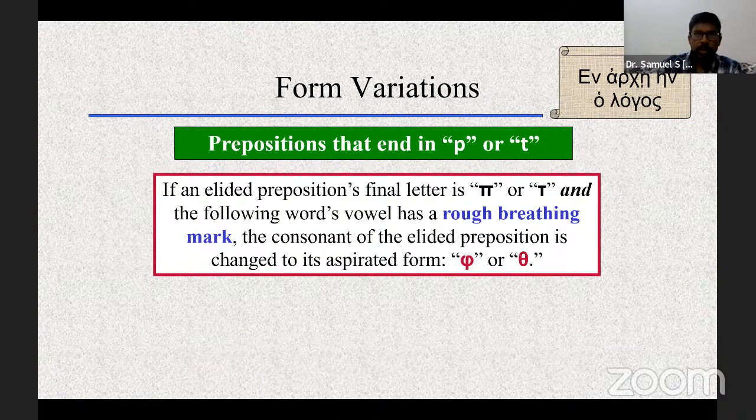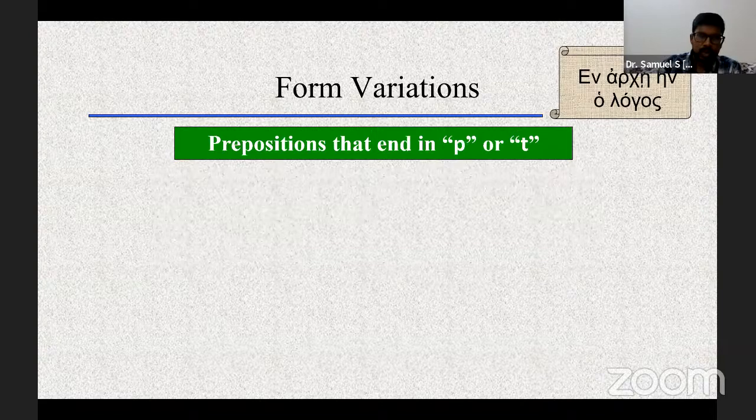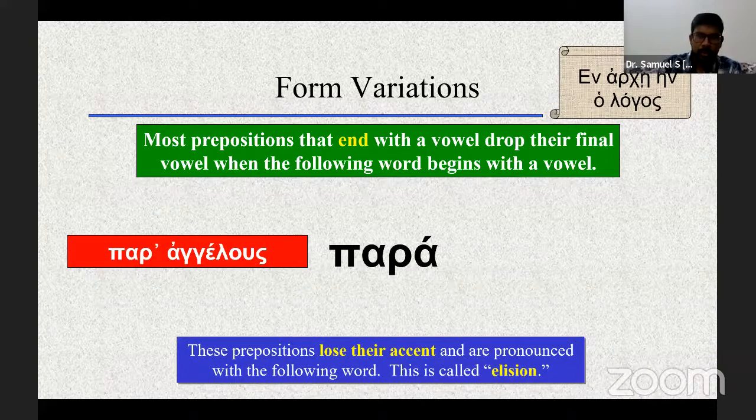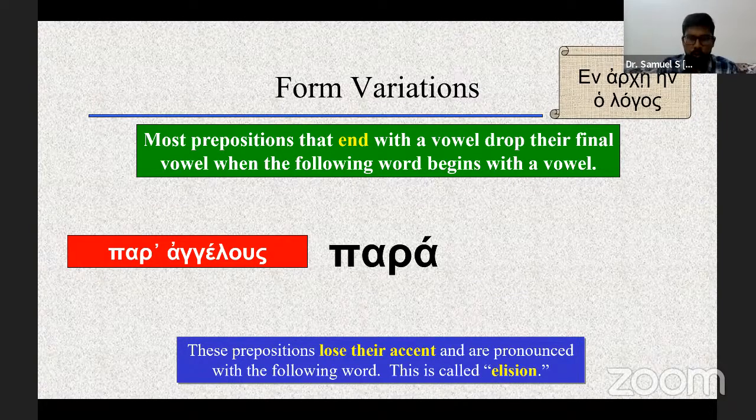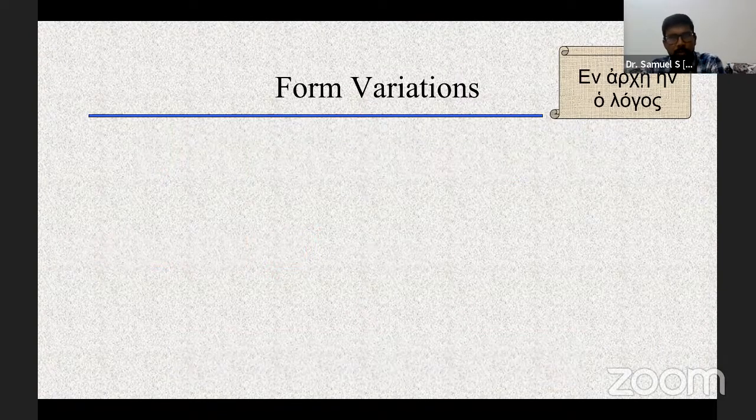Prepositions that end in a P or T. If an elided preposition's final letter, and what is elision? Elision is where the prepositions lose their accent and they club in the sound with the next word. You merge their sound.